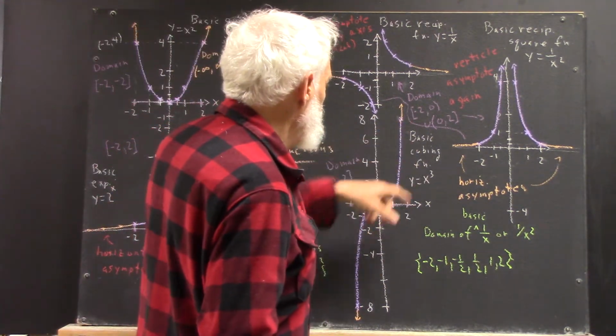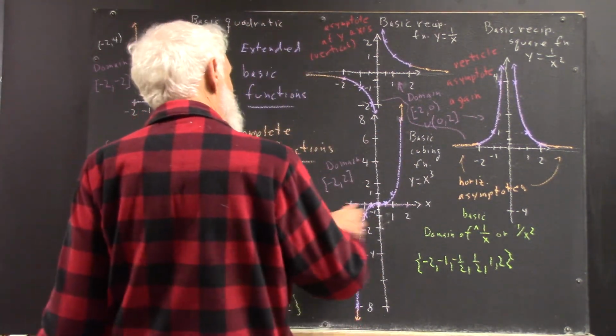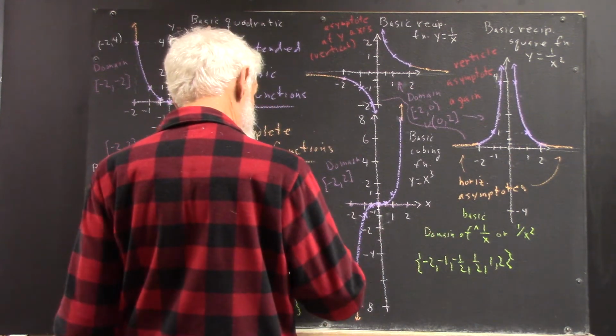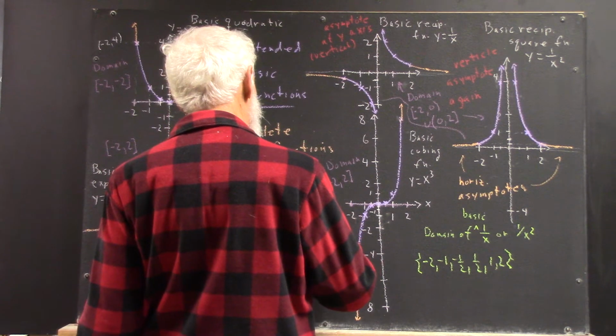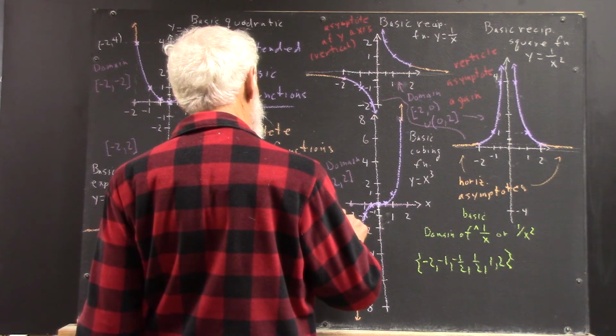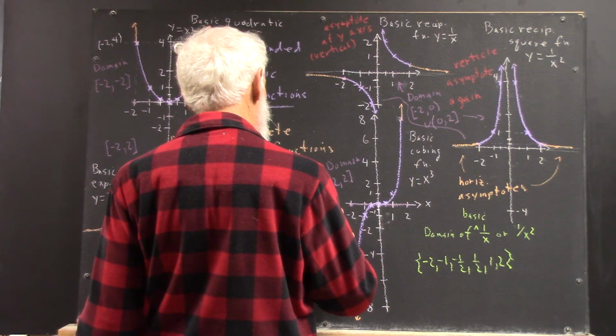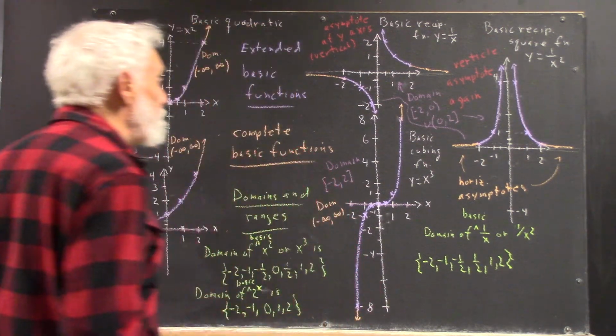The domain of your basic cubing function, well, you can cube any number. Every number has a cube, so the domain is, again, negative infinity to infinity.